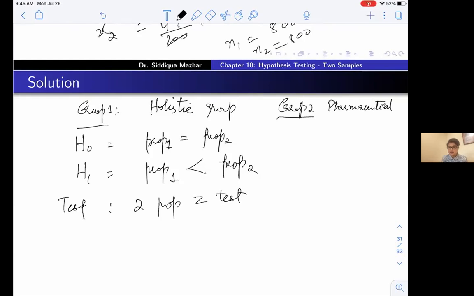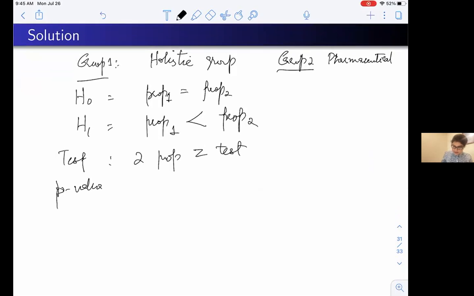And I told you how you have to write down the values of X1, X2 and N1, N2. N1, N2 is the same, which is 800. Then you have to find the value of P. So again, I'm writing it down over here.